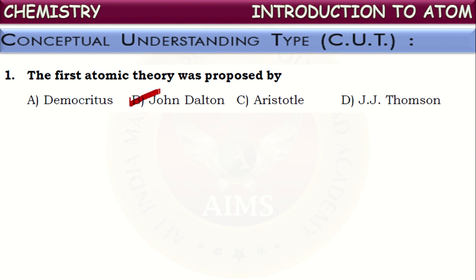John Dalton proposed the first atomic theory to explain the nature of matter. He considered that every matter is made up of tiny particles called atoms. These atoms are indivisible particles. Based upon that meaning only, the name atom was proposed for that particle. Okay, that was given by John Dalton.